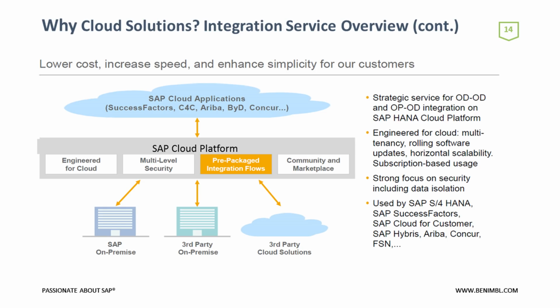SAP Cloud Platform integration services allows customers to integrate on-demand to on-demand and on-prem to on-demand, and also by leveraging prepackaged contents, integration flows, the customers will have the flexibility and the ability to integrate with third-party cloud apps.